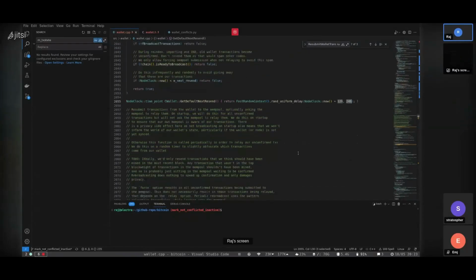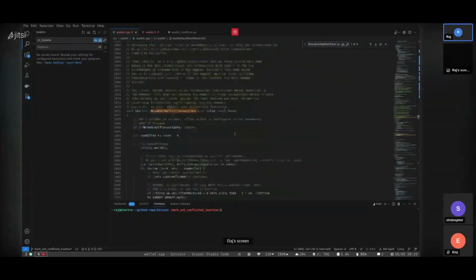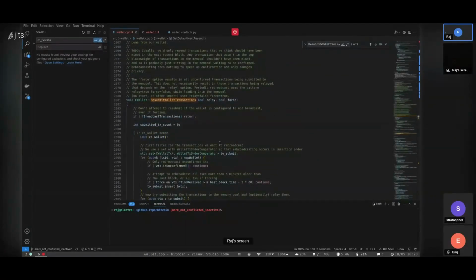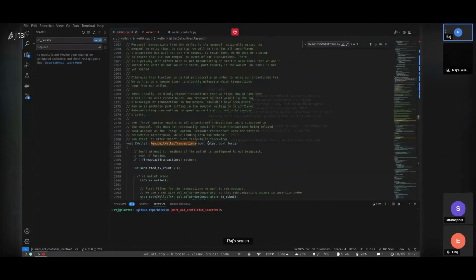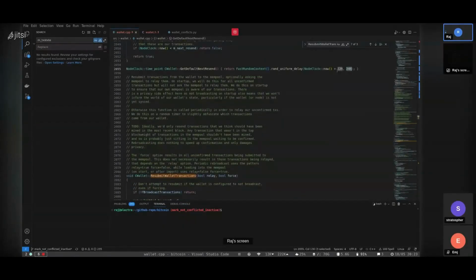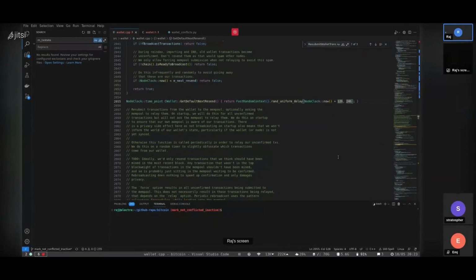So it randomly checks for resubmission into the mempool from 12 to 36. I guess the way it works is it's from now plus 12 hours, and then the range is from that time up to 24 hours more.